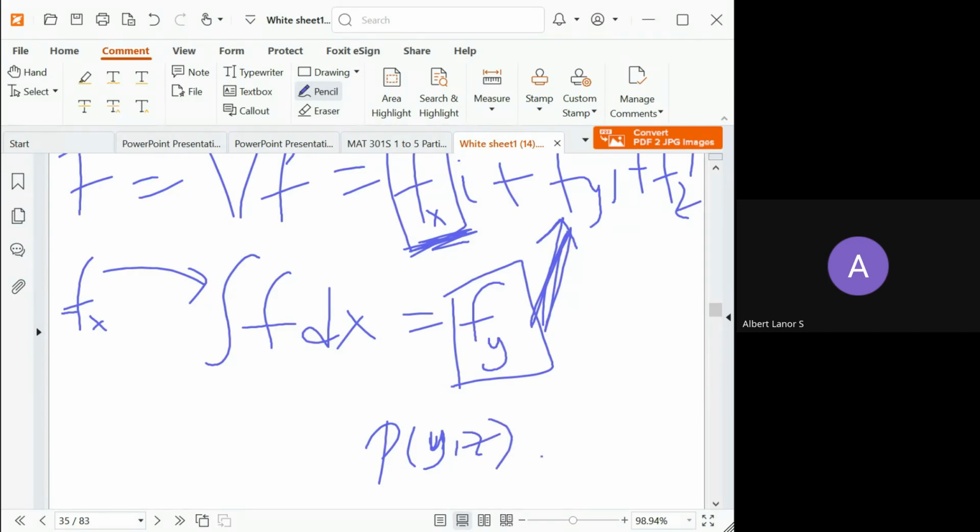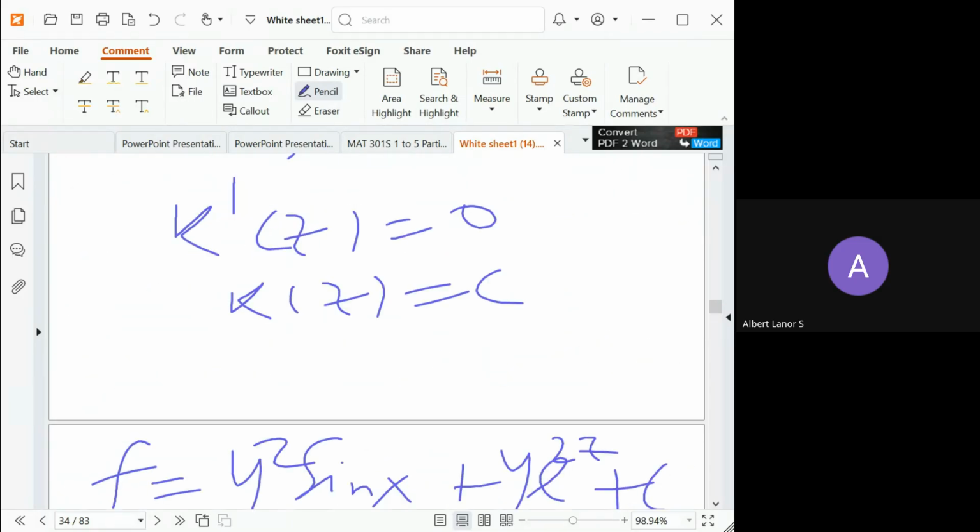If I differentiate this f that I've already obtained, and f sub y is given, then the difference is that I can say this p of y, z is this other one which is missing.